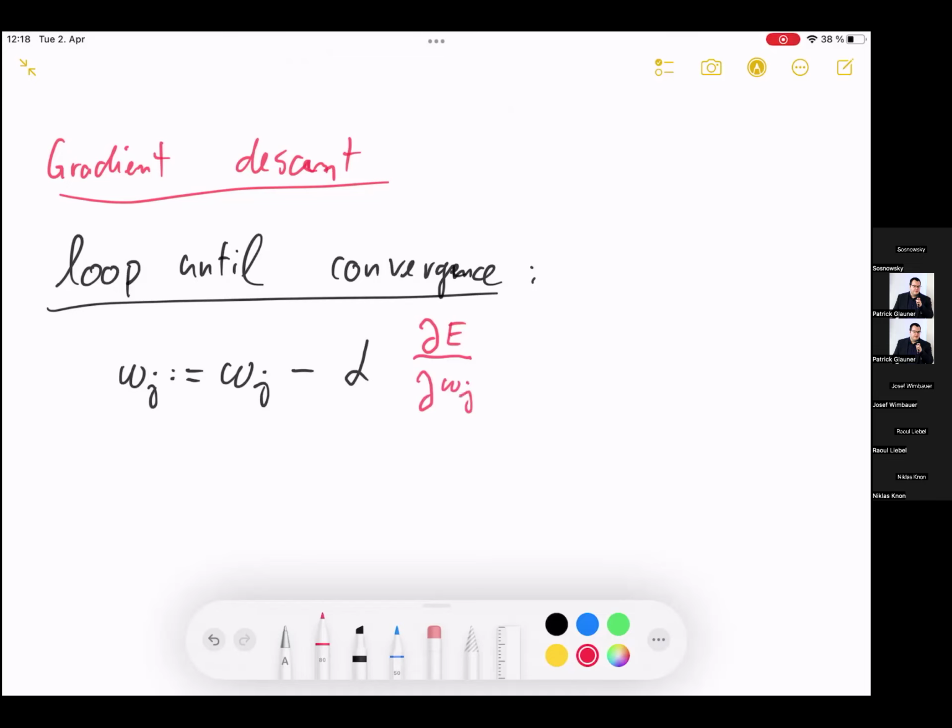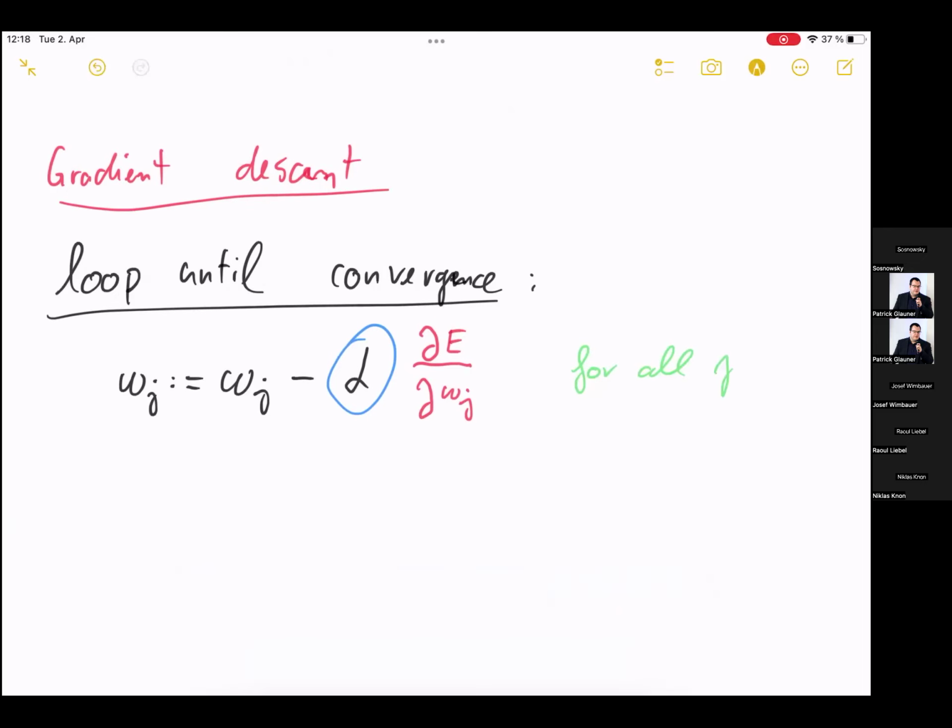Typically, I multiply this with alpha, the learning rate, and I'm doing all of this simultaneously for all j. So I'm doing this for all the weights, and I stop this loop when I'm converged, meaning that none of these weights changes much anymore, or only within a certain threshold, within a certain epsilon, and then I'm done.